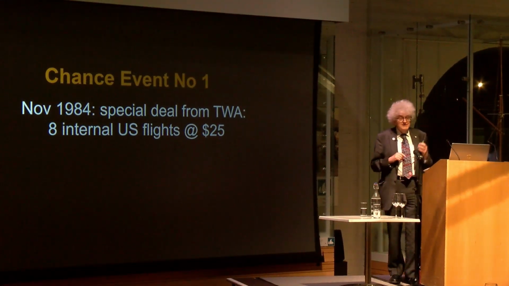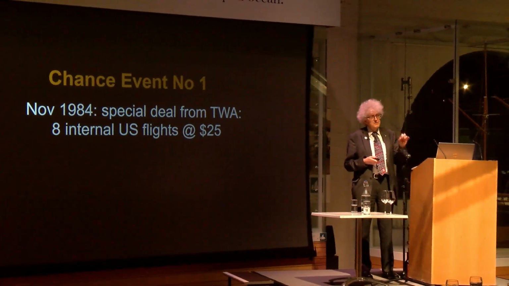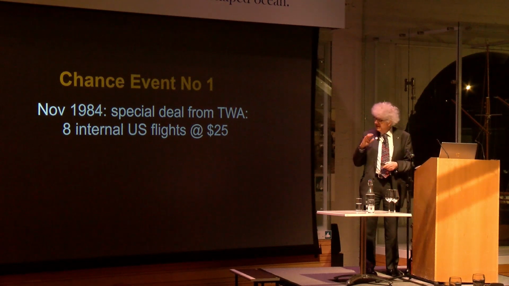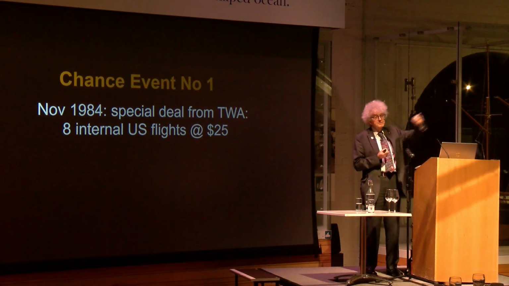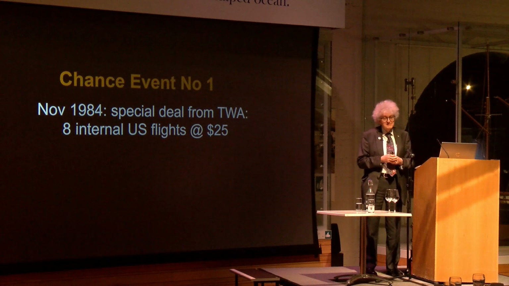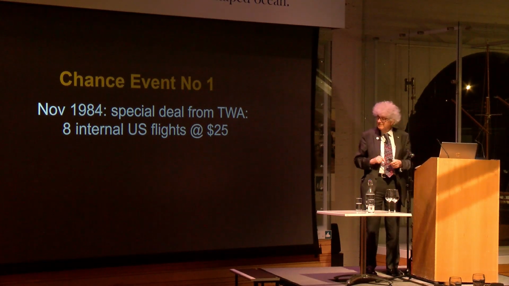In November 1984, the airline TWA, Trans World Airlines, which has now gone bust, had a special offer. If you flew to the United States, you could have 8 internal flights anywhere in the United States for $25 per flight.